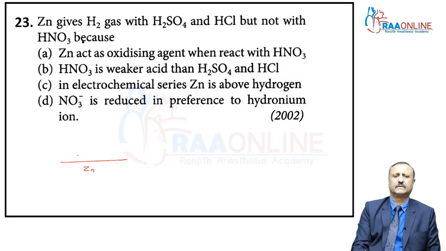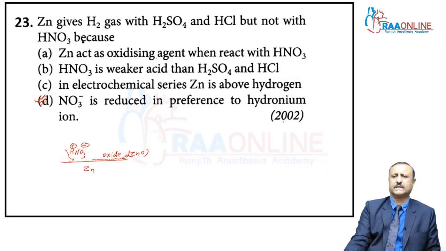When HNO3 reacts with zinc, then an oxide layer is deposited on the zinc, and this oxide layer is ZnO. When this oxide layer is deposited, then nitrate ions of the nitric acid are reduced in preference to hydronium ions. So, my dear students, you can go to answer D. Question number 23, answer is D.